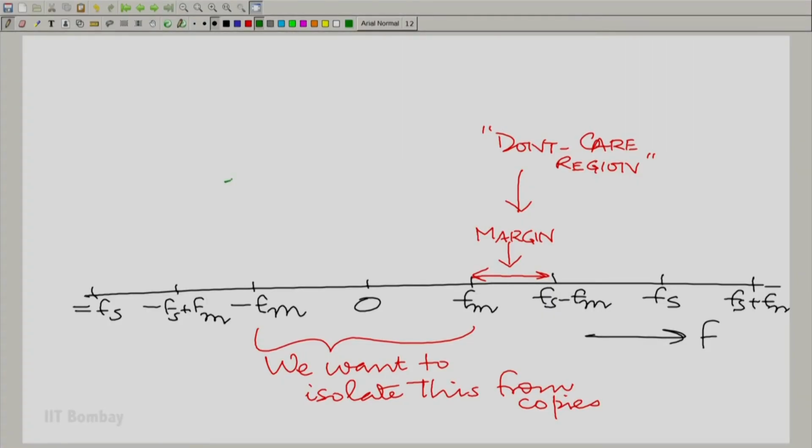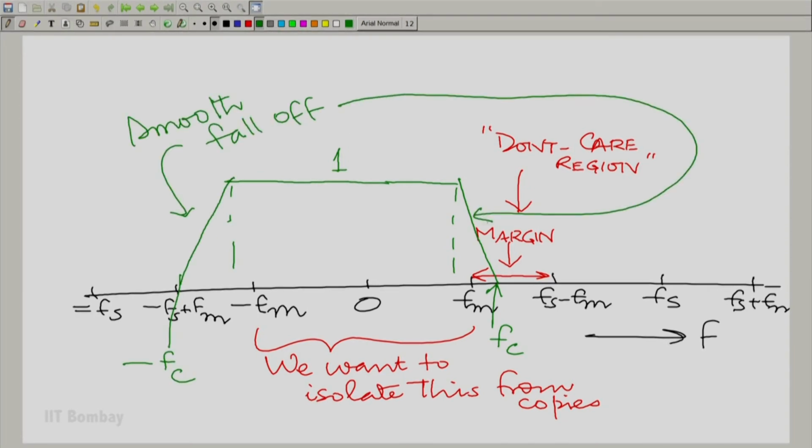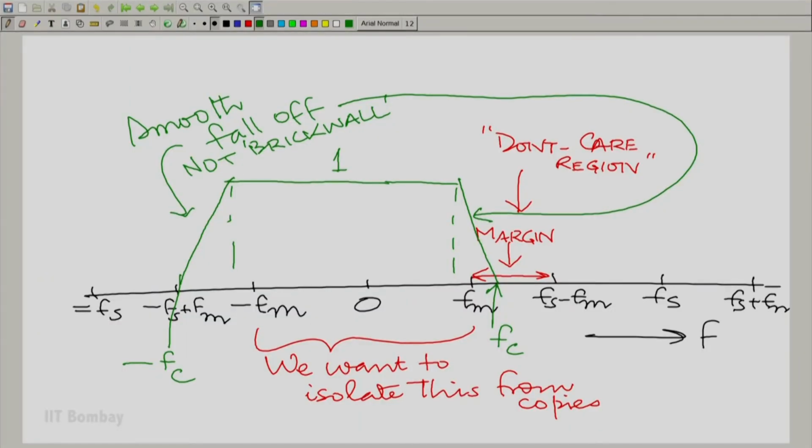Let me sketch it on the very same graph. So, you could have a response which is 1 all the way up to Fm and falls off smoothly after that up to some Fc and minus Fc on this side, not brick wall. What is the advantage of doing this? The moment you have a frequency response like this, where the response is now continuous, notice there is a big difference between this one and the brick wall response.